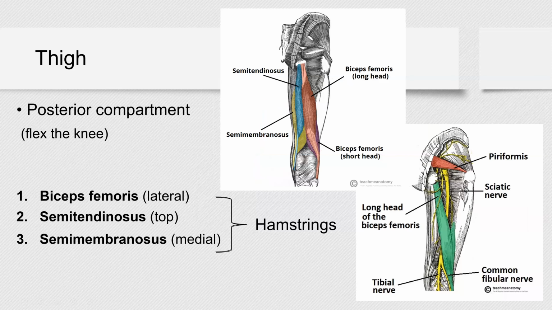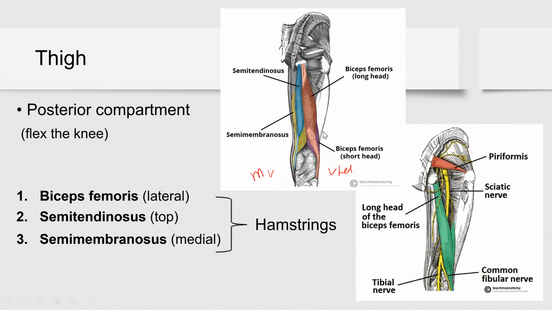Okay. Now we're moving to posterior compartment, and those are flexors of the knee. And when you look at posterior compartment over here, we have this side and this side, right? So this is your lateral and this is your medial side, right?